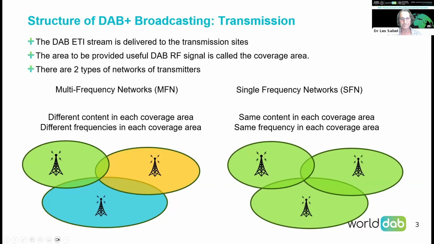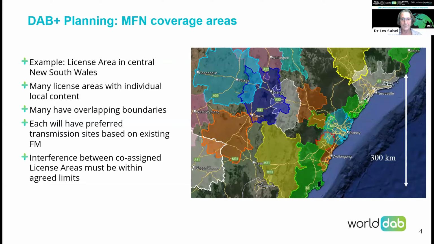So here's an example of an MFN. This is taken from New South Wales in Australia. And what we see here is a lot of polygons in different colors. And each one of these blocks, these polygons, represents a license area to be covered and the frequency that it is used. So you'll see that the colors define the allotted frequency blocks, and a number of those are the same.